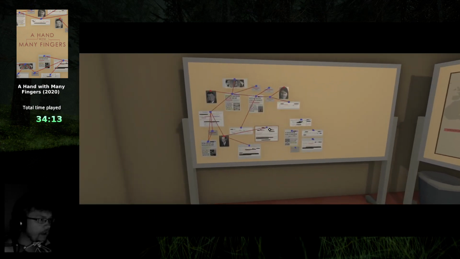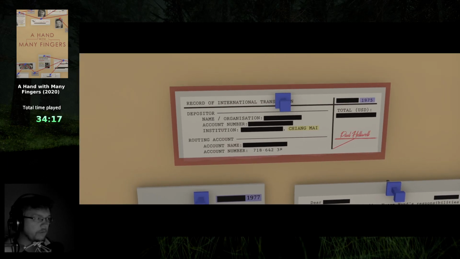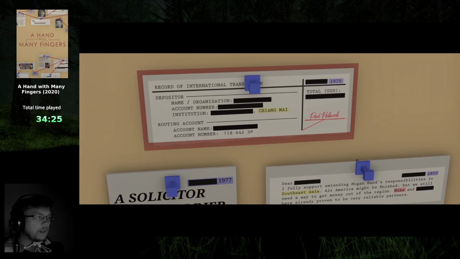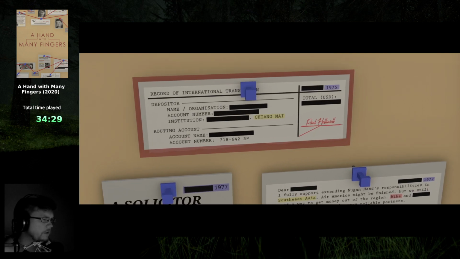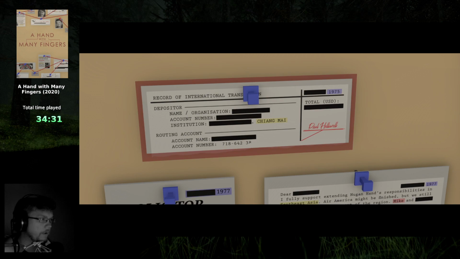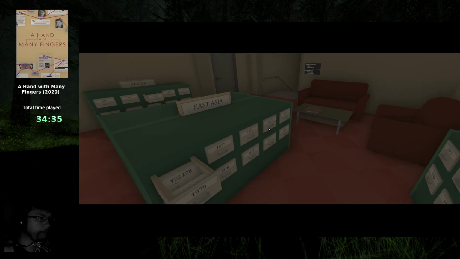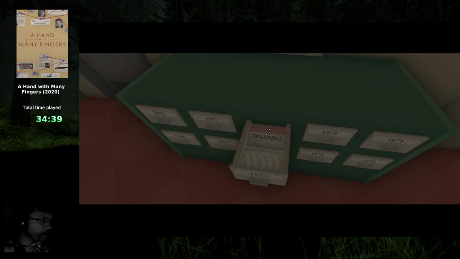I already forgot who Halliwell even is. I think he was some... Yeah, he was... some CIA guy. Did we check Southeast Asia? Halliwell, 75. A feeling we did.